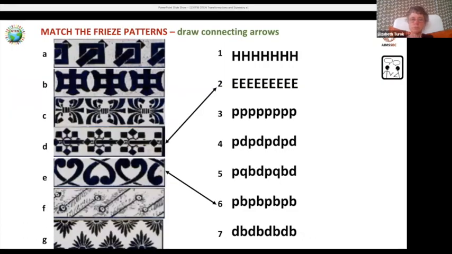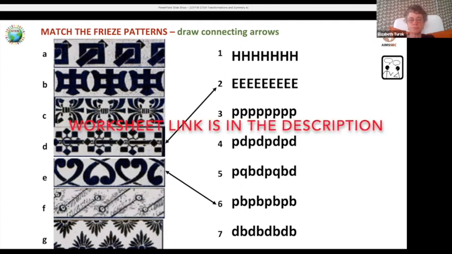Now there are all of them, all 7. And what I've actually shown you there is that I've matched D to the E, repeated E. So number 2, which is E, is matched to pattern D. And I've also shown you that pattern E, which is the 2 comma pattern, is matched to 6, which is PB, PB, PB.